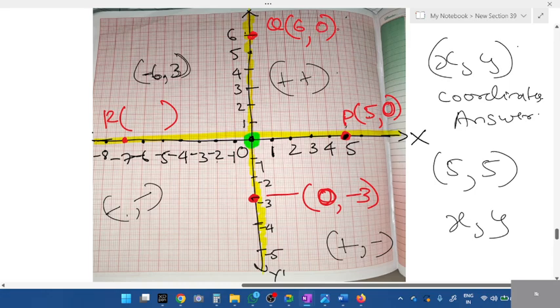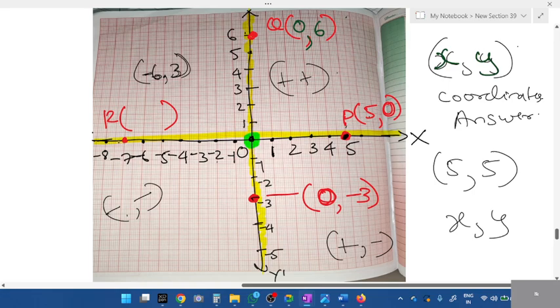Whoever writes 6 and 0, you'll get 0 marks. How do I write it? What did I tell you all? X and 0 is given. X should be 0 and Y should be 0 comma 6.